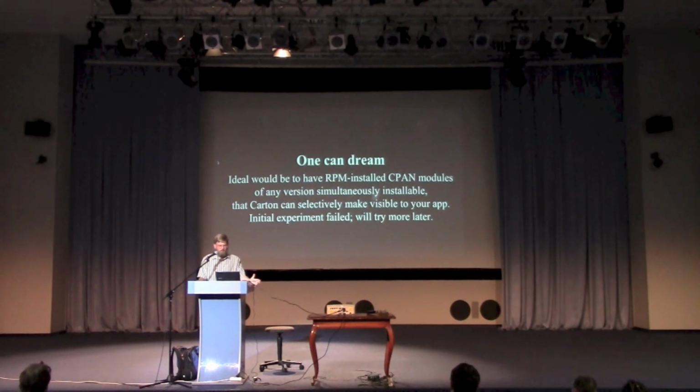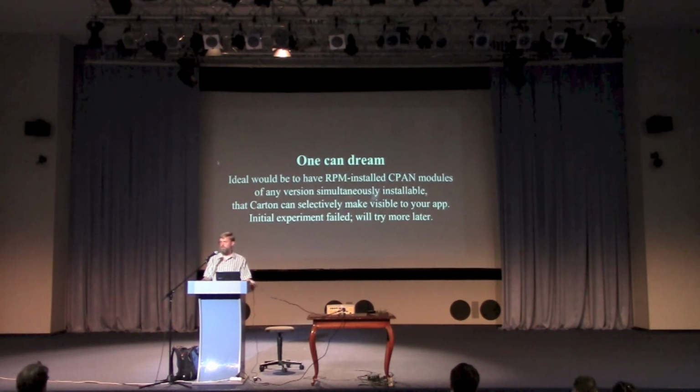My ideal situation isn't yet possible as far as I know, but I would love to see Carton have the ability to fake the kind of blank slate on a system that it does normally, even if certain RPMs are installed. Basically, to have Carton be able to see RPM installed modules and manage them. We've done a little experimenting with that at Endpoint, and we haven't yet succeeded, but I think it's worth trying more later.